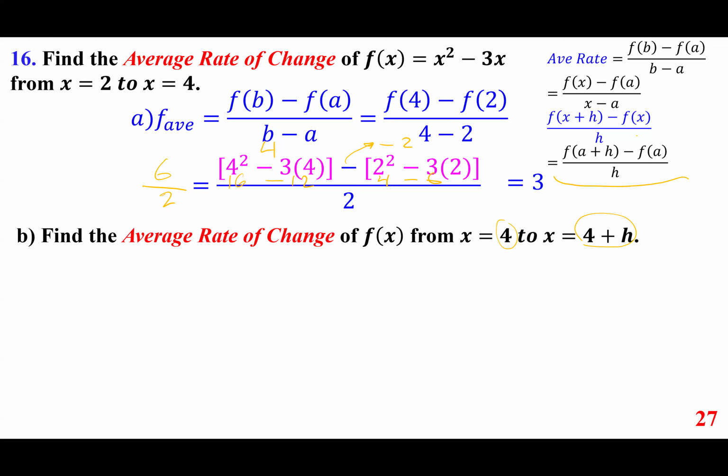In essence, we are using this, everybody. So the denominator, this is minus 4. The denominator is simply h.